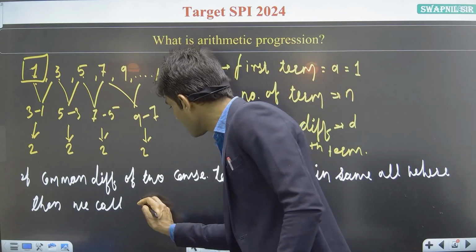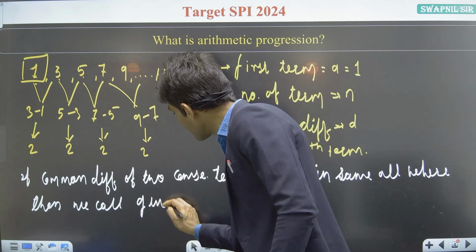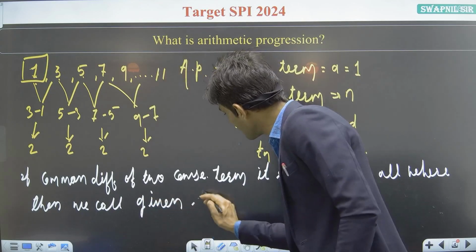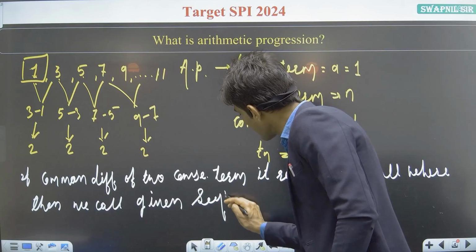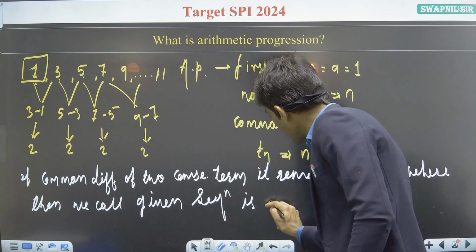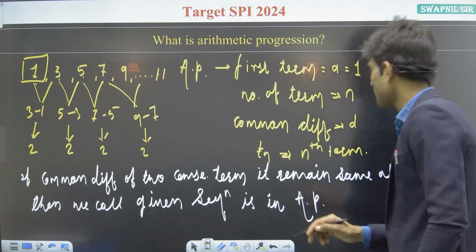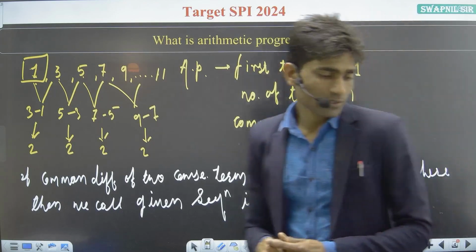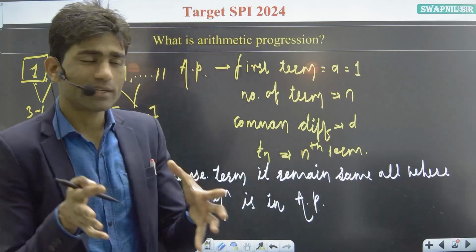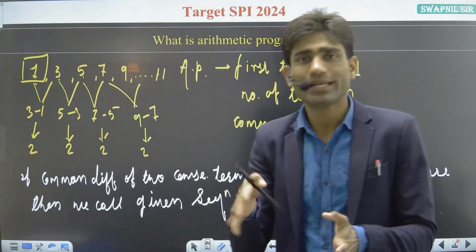This is our definition for arithmetic progression: the common difference of two consecutive terms remains the same everywhere.